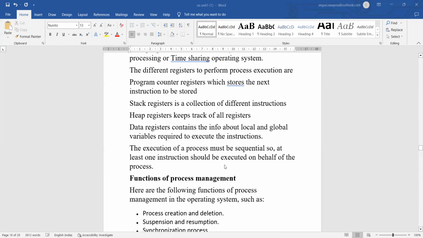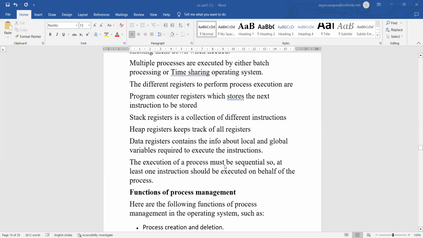When the process is executed, the process information is stored in 4 registers. That is, program counter register, which stores the next instruction; stack register, which is a collection of different instructions; heap register, which keeps track of all the registers required for the process execution; and data register, which contains the information about the local and the global variables.